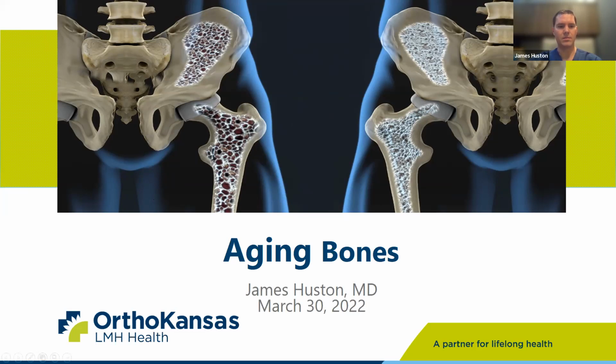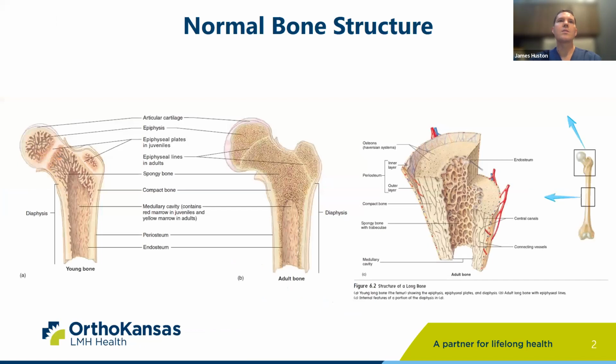So just to start with, discussing normal bone anatomy and physiology: most people think of bones as just a tree trunk, like a log that's just there and hard, and you stand on it and move around with it. But really, bones are pretty complex structures.